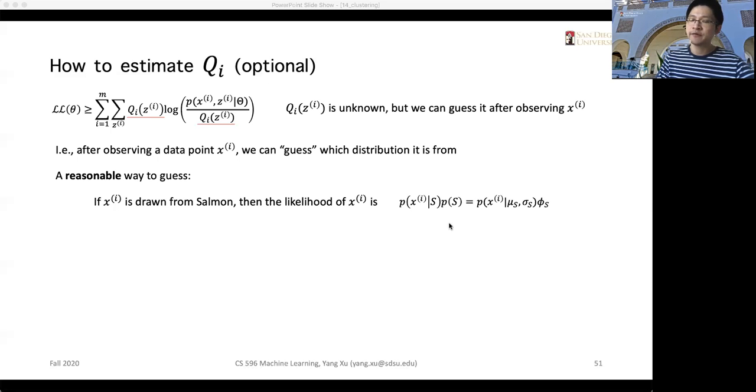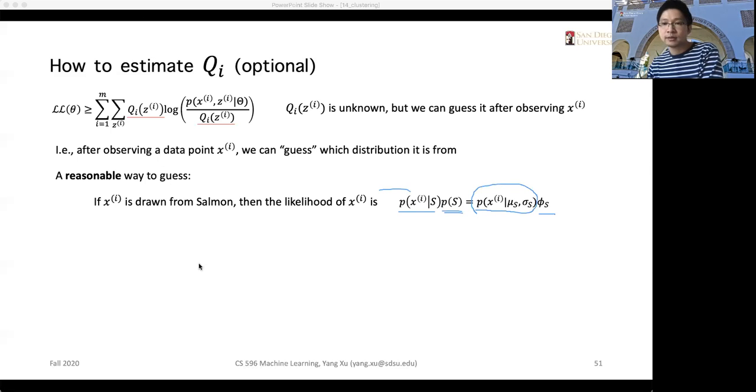The likelihood of X is the prior probability of salmon times the conditional probability of xi given salmon, right? The conditional probability is defined by the PDF of the salmon's normal distribution, and the prior is our parameter phi s. So if it's a salmon, then we can have its likelihood like this.